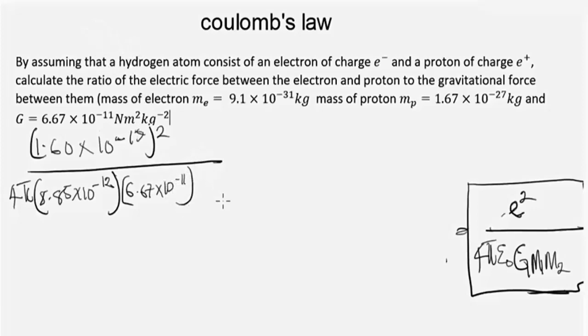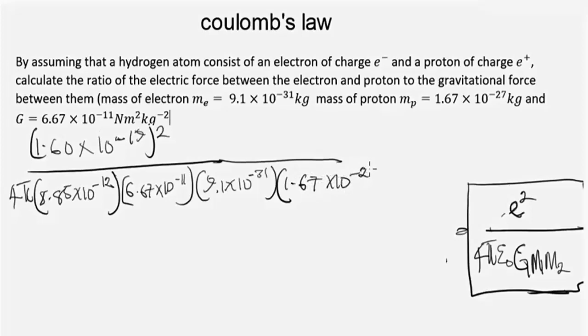Then times m1, which is the mass of the electron, 9.1 times 10 to the power of minus 31. And then we'll have m2, which is the mass of the proton, mp, 1.67 times 10 to the power of minus 27.